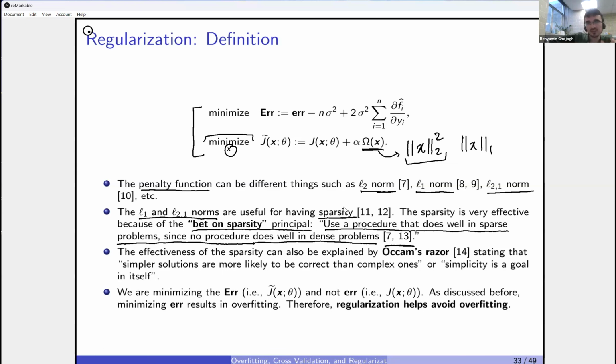Also, it can be explained in another way. The effectiveness of sparsity can also be explained by Occam's razor. You can see reference 14. Occam, by the way, was an ancient logician or philosopher. He mentioned that simpler solutions are more likely to be correct than complex ones, or that simplicity is a goal in itself.